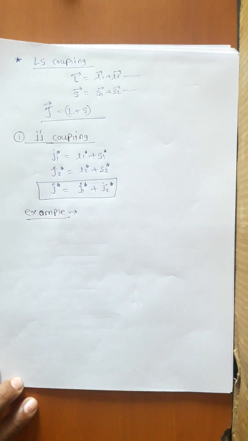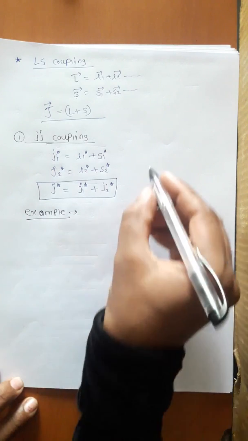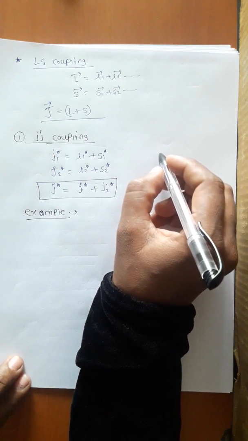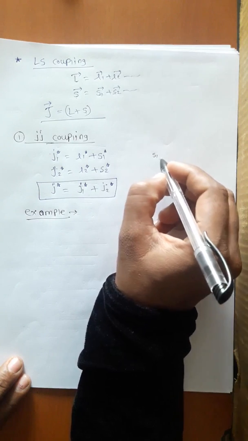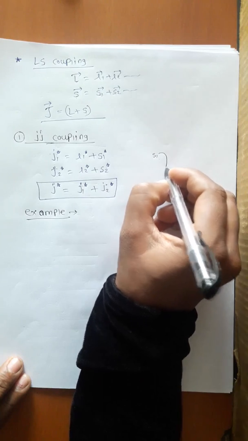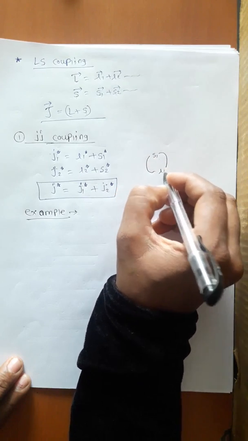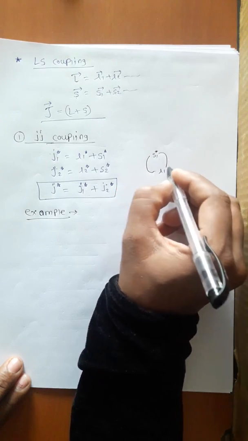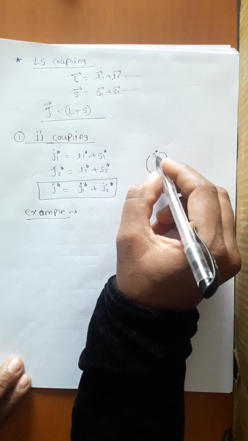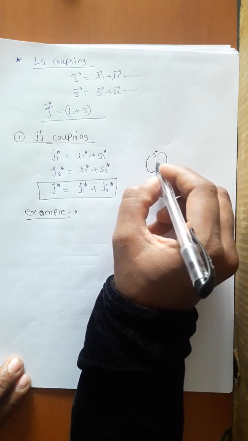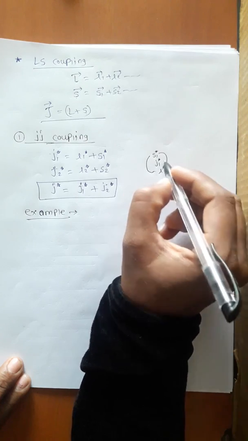First I will write the diagram. Diagrammatically, this is the S1 vector that is coupled with the L1 vector, L1 star is coupled with S1 star, and L1 plus S1 gives the resultant J1 star.